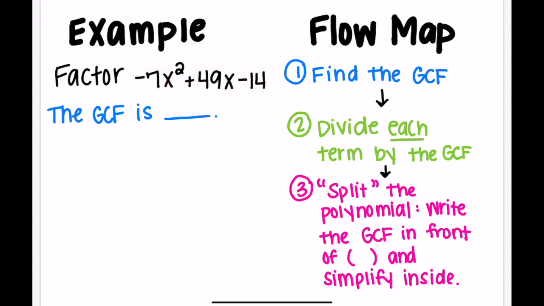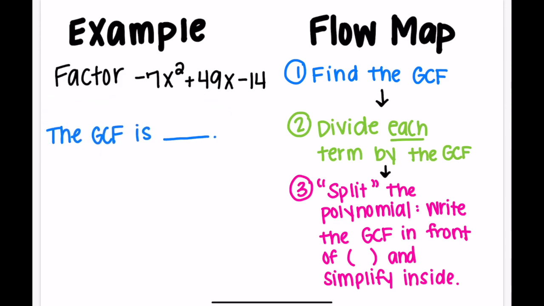Now, since that first term, our a value here, since this is a quadratic, is a negative, if I can divide by that negative, I would want to do that. Okay, so we want to divide by -7 because this leading number is a negative.